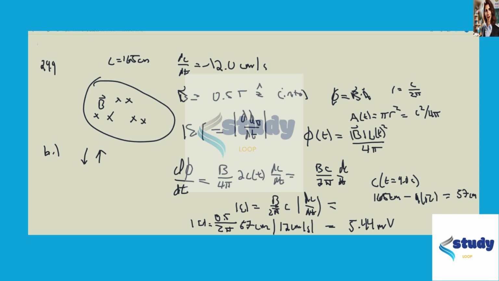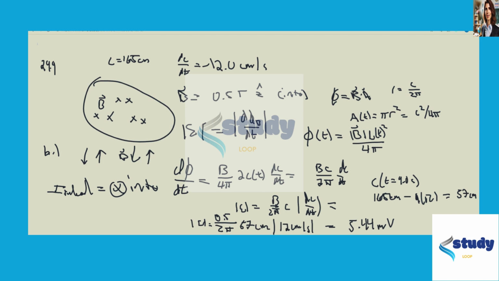by the right-hand rule, we need the current to be pointing in the same direction as B. Since the flux is decreasing, we want it to point in the direction of B. So that means we need an induced current into the page, right?